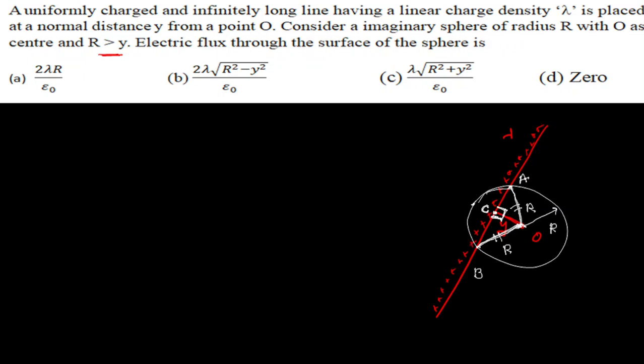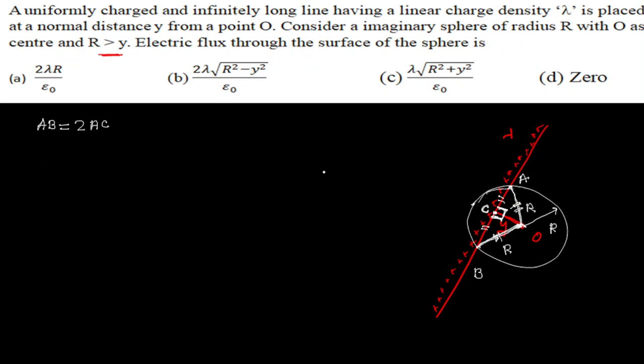From these two triangles AOC and BOC, OA equals OB, angle C for both triangles is 90 degrees, and the OC line is common. So these two lengths must be equal. Then the total length AB will be 2 times AC.